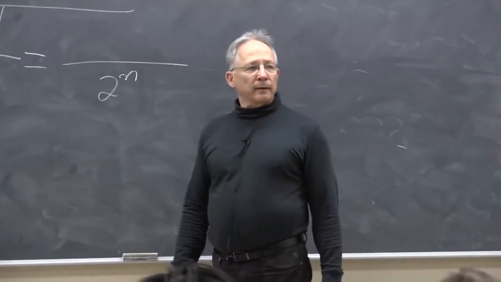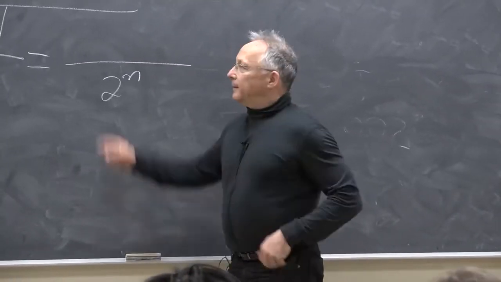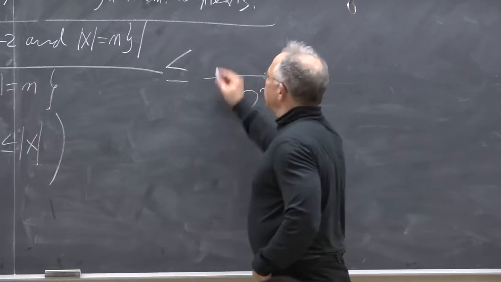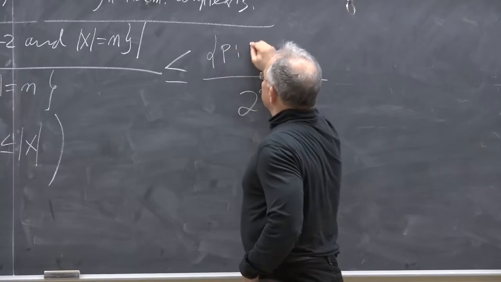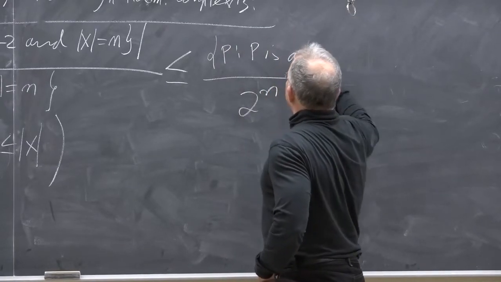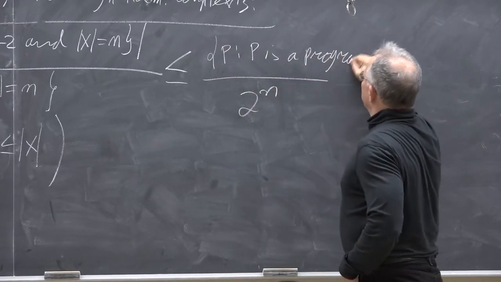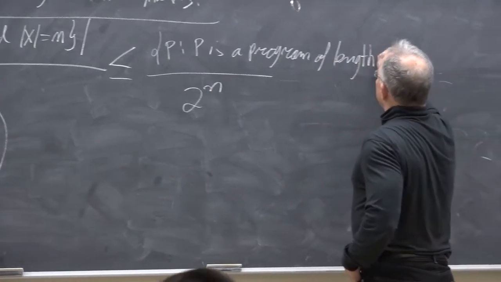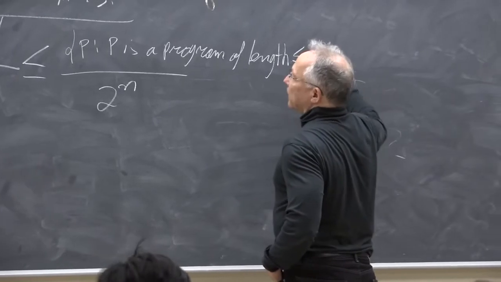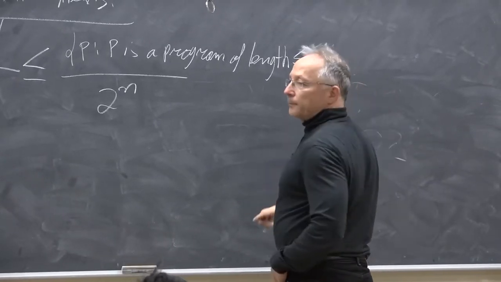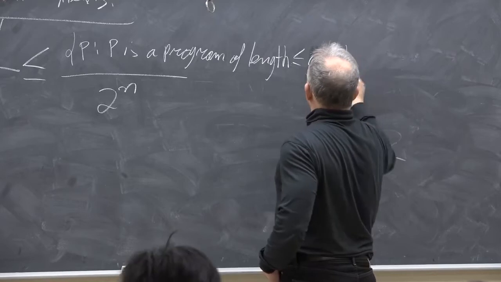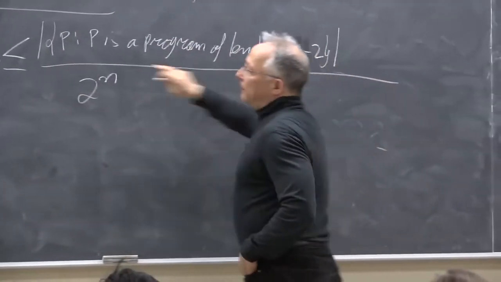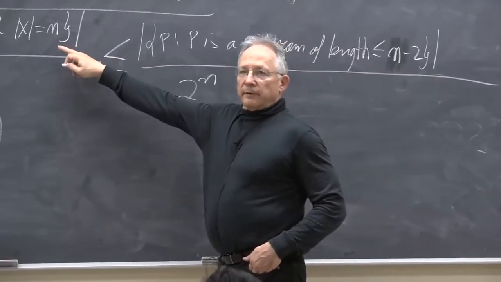About the numerator, I know that it is less or equal than the size of the set of all p such that p is a program of length at most n minus 2, because every string here has a program that computes it.